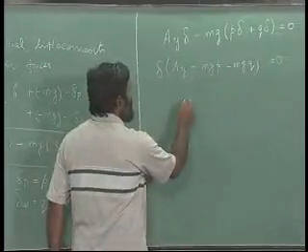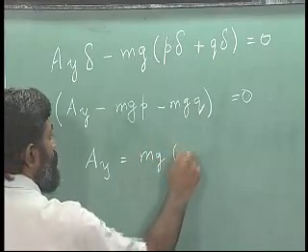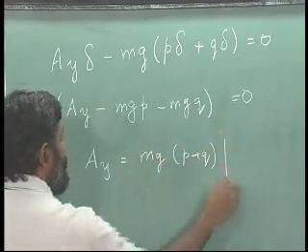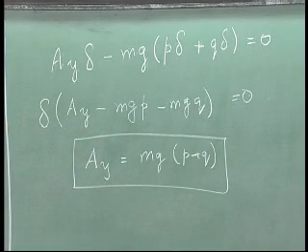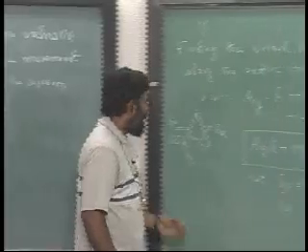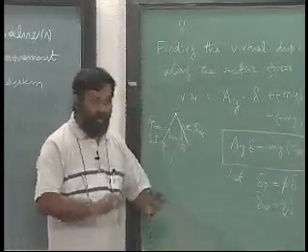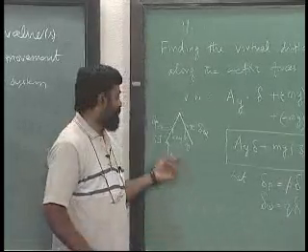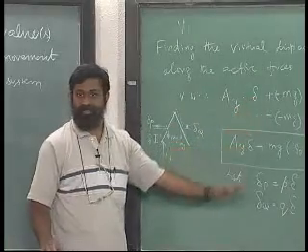So, what I get is Ay equals mg times p plus q. Alright, is this clear? What is left out is how do I find out delta p and delta q. The moment I find those two out, then I have solved this problem for Ay. Is this clear so far?